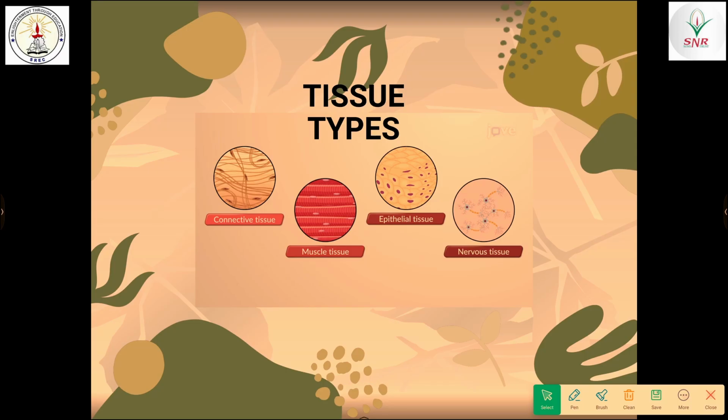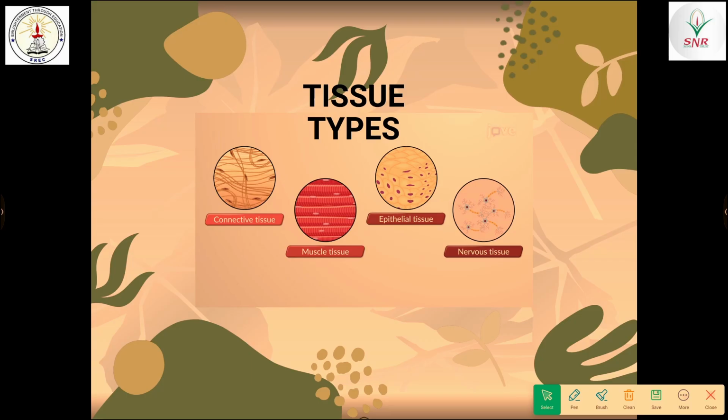Mainly these tissues are classified into 4 types. One is connective tissue, which is involved in the connection between cells, bone and muscle connection, and all these things. Next is the muscle tissue, required for maintaining the structure of the body and for actions like contraction and relaxation.